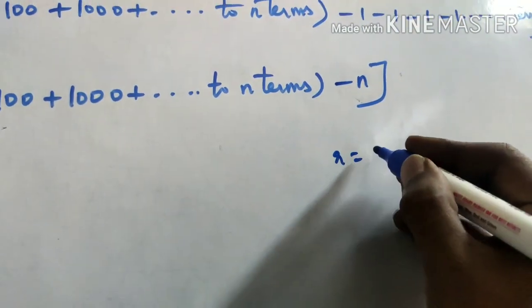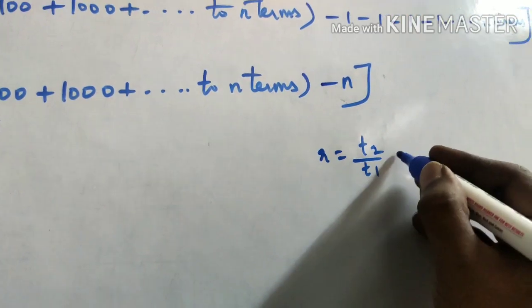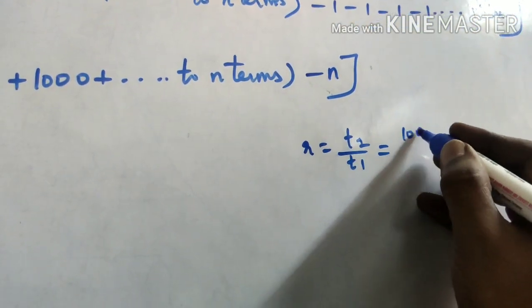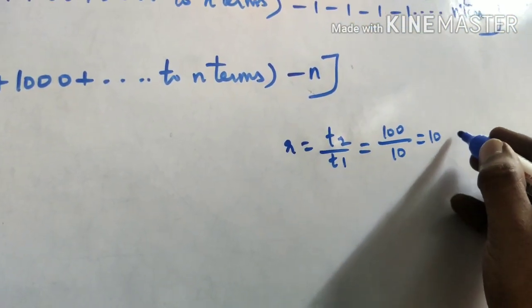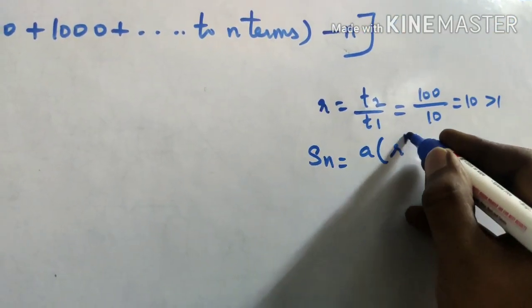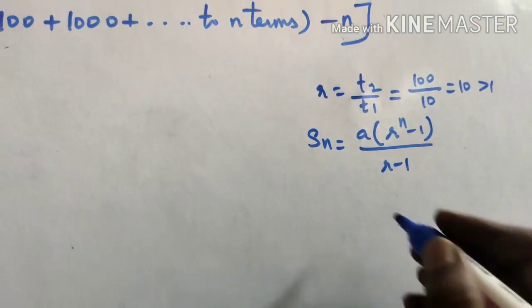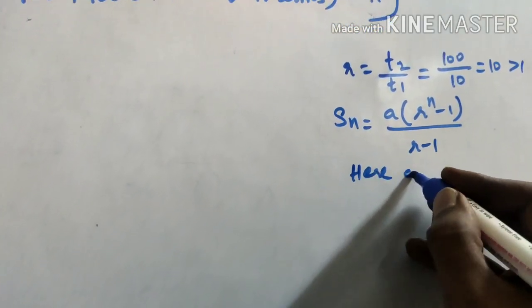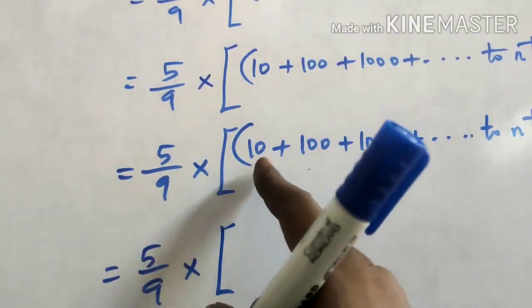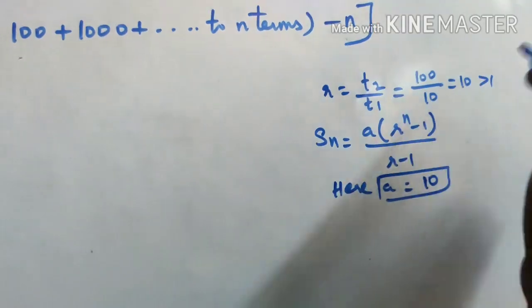So R equal to T2 by T1, which is equal to 100 by 10 equal to 10, which is greater than 1. So we can use definitely this formula, Sn equal to A into R power n minus 1 by R minus 1. And here A is what? A is 10 in this GP. So A is 10 and R is also 10.